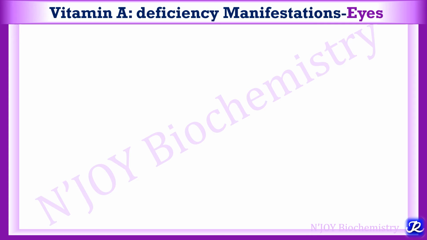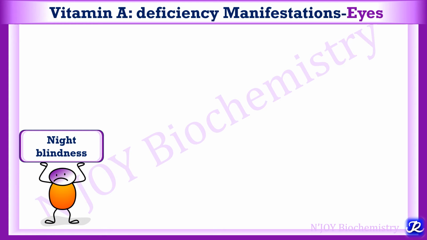The deficiency manifestations of vitamin A are mainly seen in the eyes and skin, and in the eyes the deficiency manifestation includes night blindness, xerophthalmia, Bitot spots and keratomalacia. So the first one is night blindness. It is also called nyctalopia.